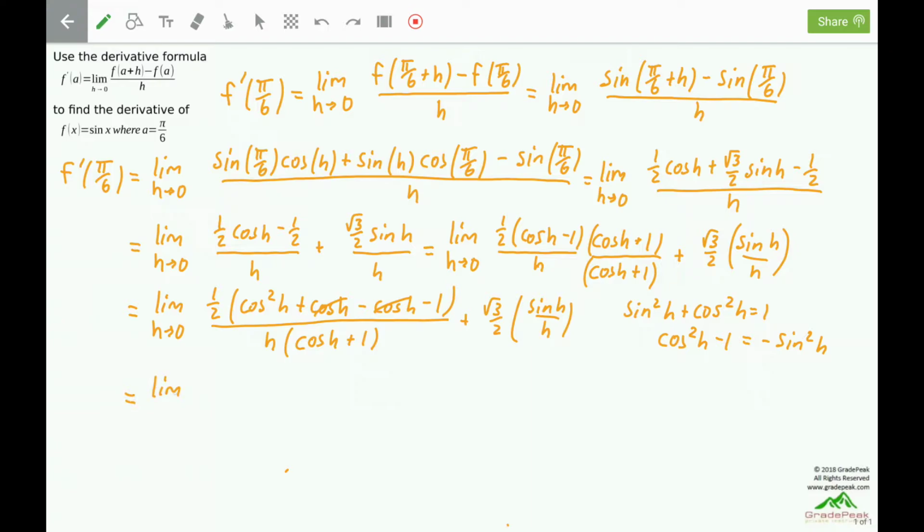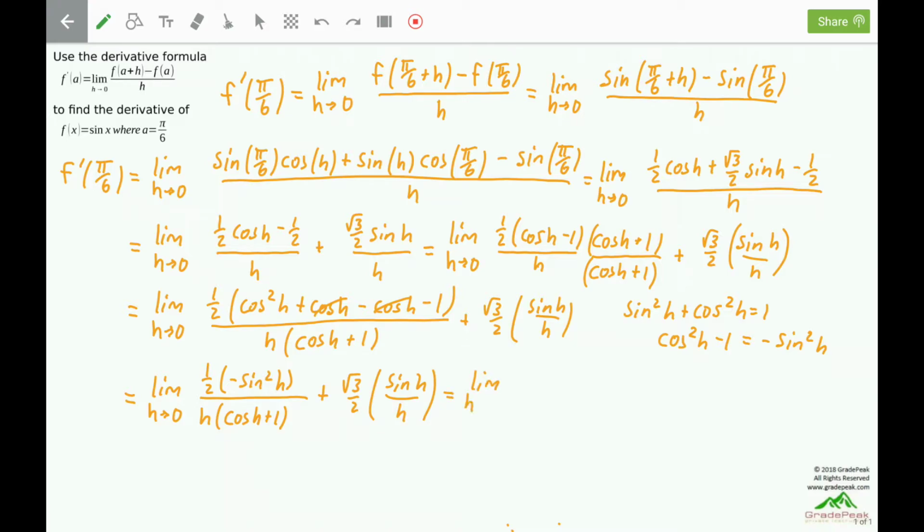So we have limit as h goes to 0 of 1/2 times negative sine squared of h all over h and cosine of h plus 1. And we have the other fraction, root 3 over 2 sine of h over h.